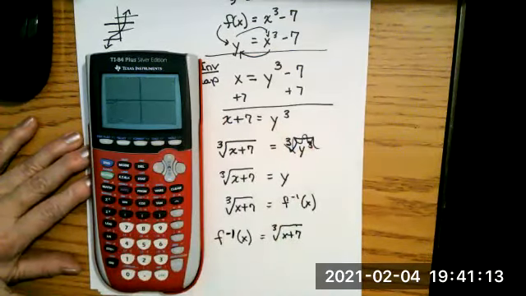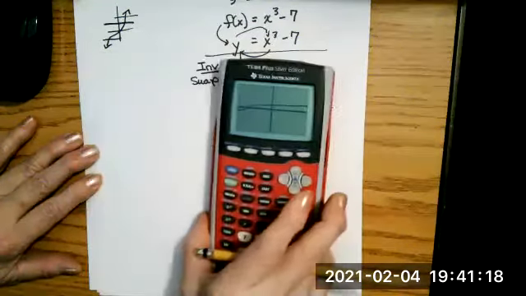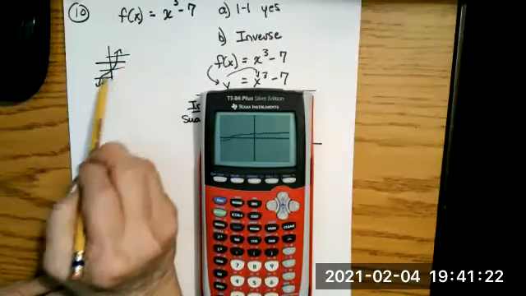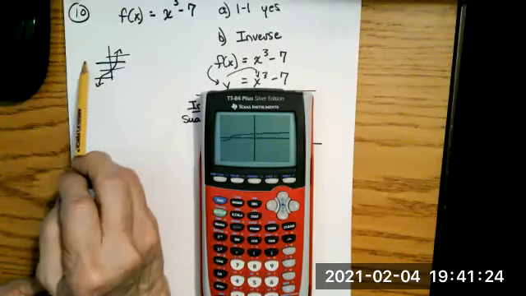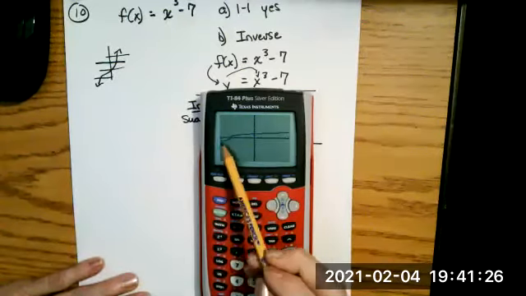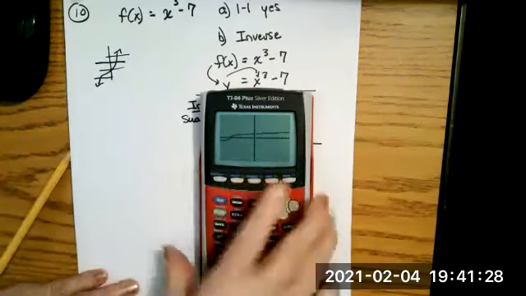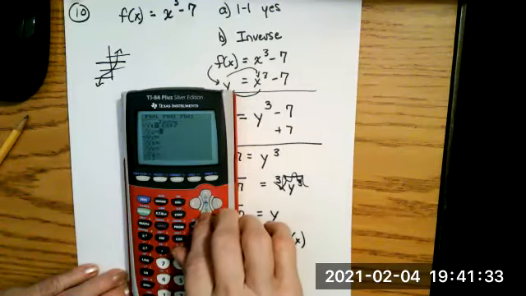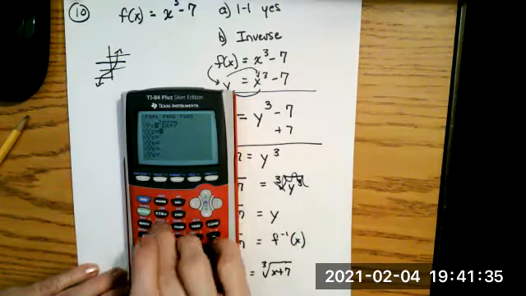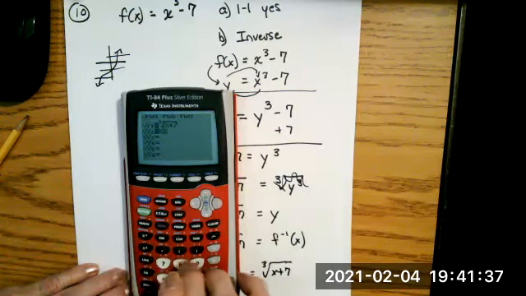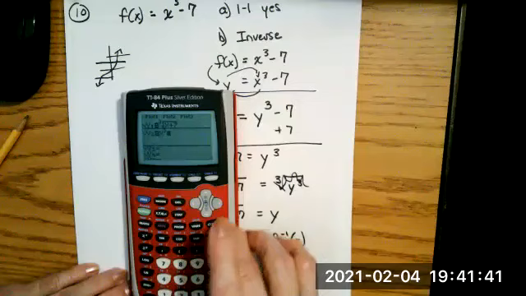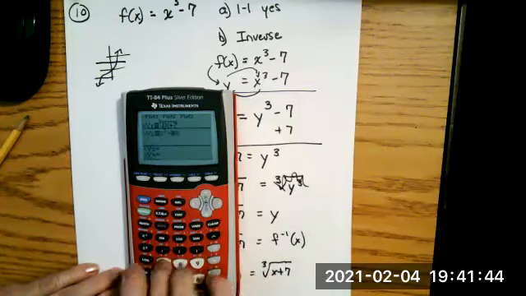Then when you graph it, look, it's like a sideways cubic, because our cubic looks like this, and this one's the same thing. It's just sideways. Let's put the original one in so we can see how they're crossing. It's x cubed, and that cubed is on that same key, number 3, if you want to do that instead of the caret, minus 7.